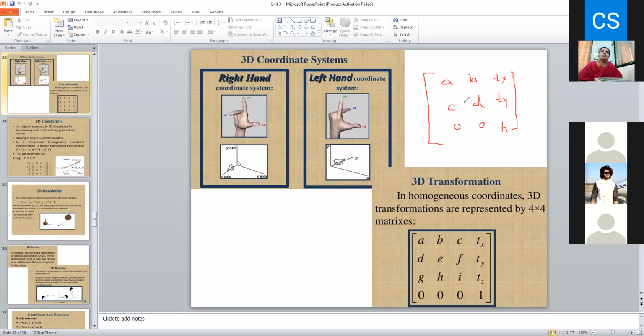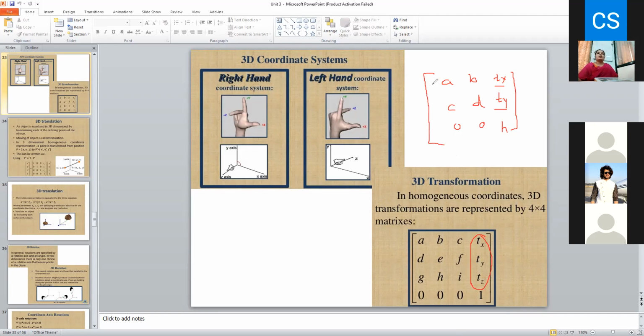Now here, which elements are responsible for translation in this T matrix? Tx and Ty, right. Similarly, in 3D, you have Tx, Ty, Tz. So the T matrix for 3D translation has Tx, Ty, and Tz because we have to concentrate on the Z value also now, because the 3rd dimension is depth, the Z value.